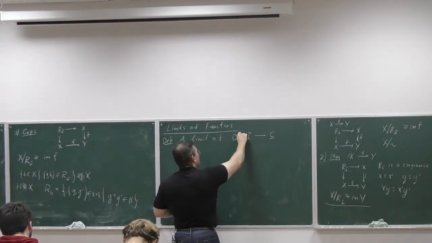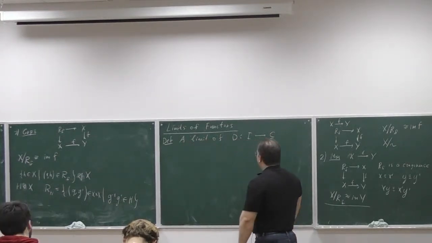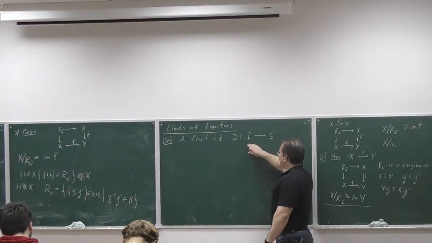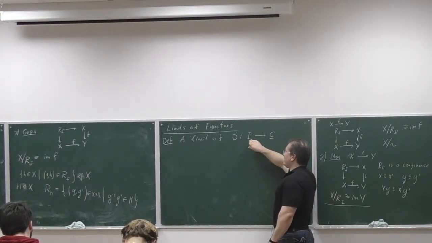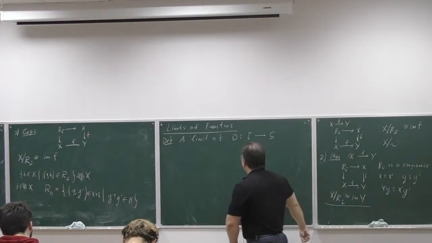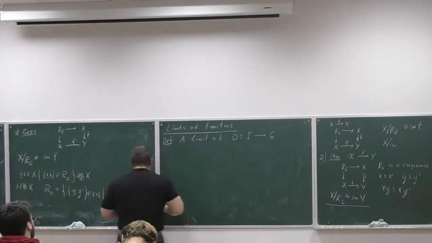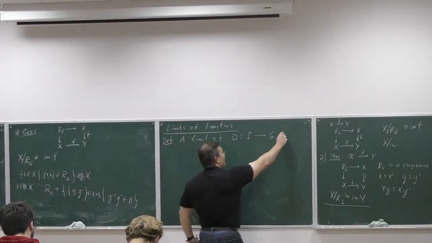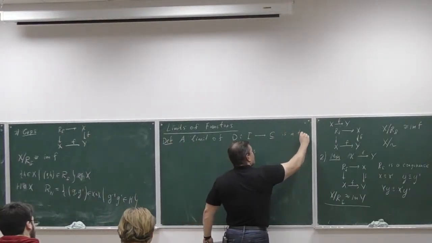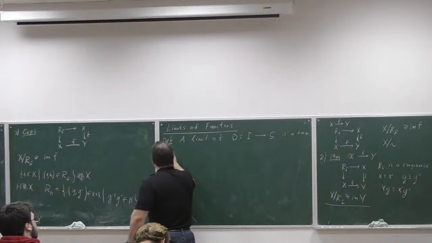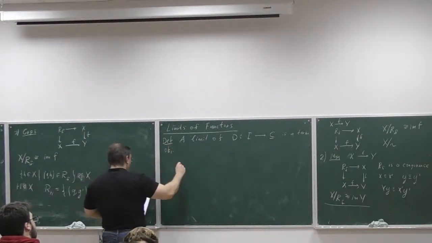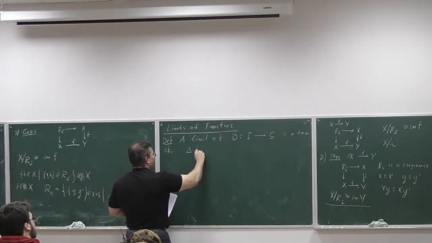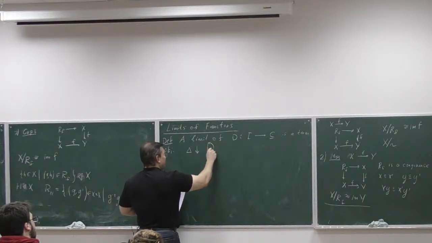I want to call the functor D because this stands for the diagram, and I don't want to underline this category I. That would be an exception. So what's the limit of a functor? Well, it is, as was predicted, a terminal object in the comma category (Δ ↓ D).